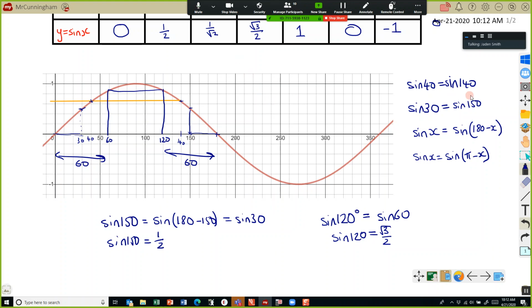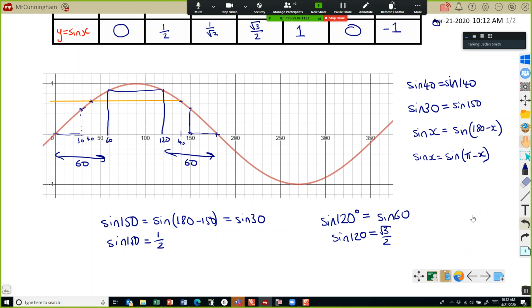So, all right, if it's a non-calculator paper, they're going to give you ones that you will be able to work out the exact value, okay? So things like this, sine of 150, sine of 120. If it's something like this, it will be on a calculator paper, and you can just use your calculator, which makes things a lot easier.